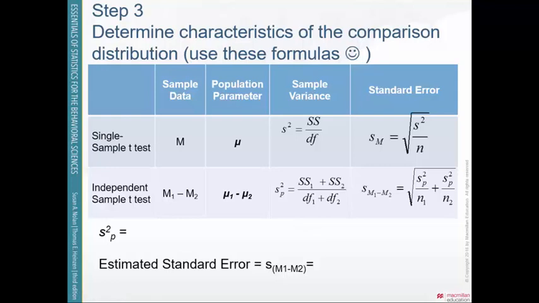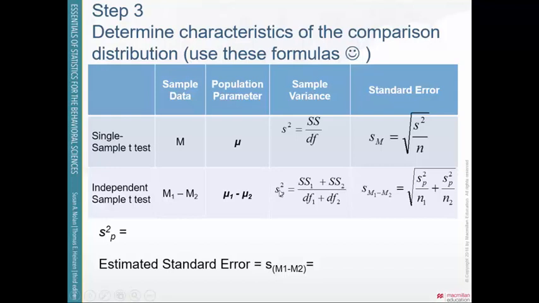Just to show you where they come from, for instance, in our one sample t-test, to find variance, we took sums of squares and divided by n minus 1. Remember, because we have a sample, we do n minus 1. And now we know n minus 1 is the same as degrees of freedom. So it's really sums of squares divided by degrees of freedom.